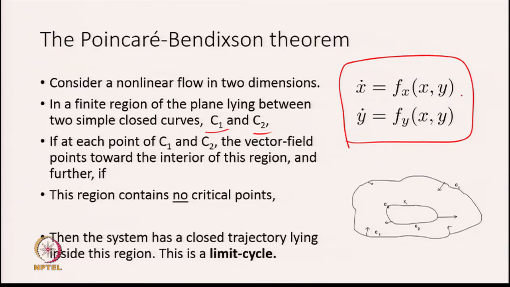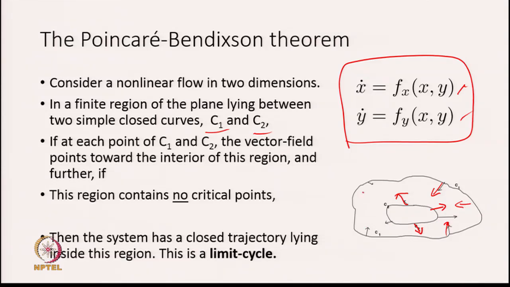The vector field specified by the right hand side of both these equations, at each point of C1 the vector field points inwards, and at each point of C2 the vector field points outwards but into this annulus.